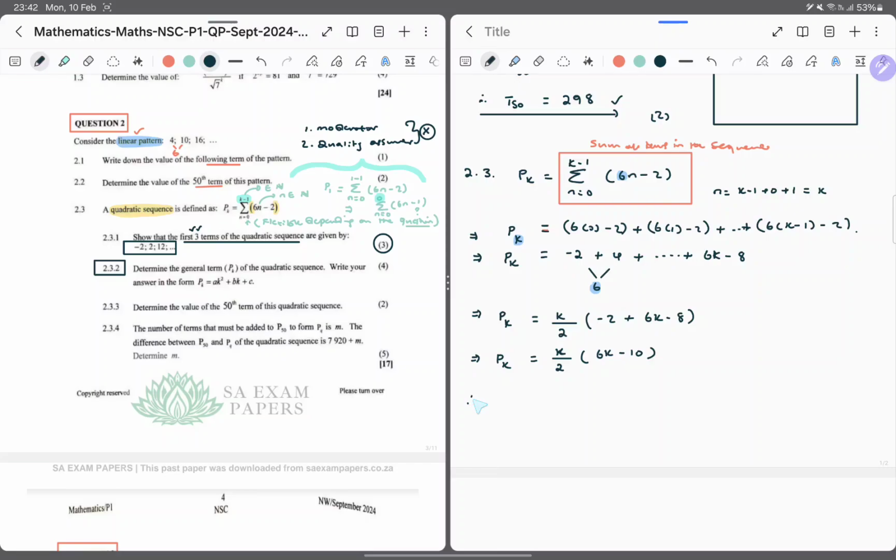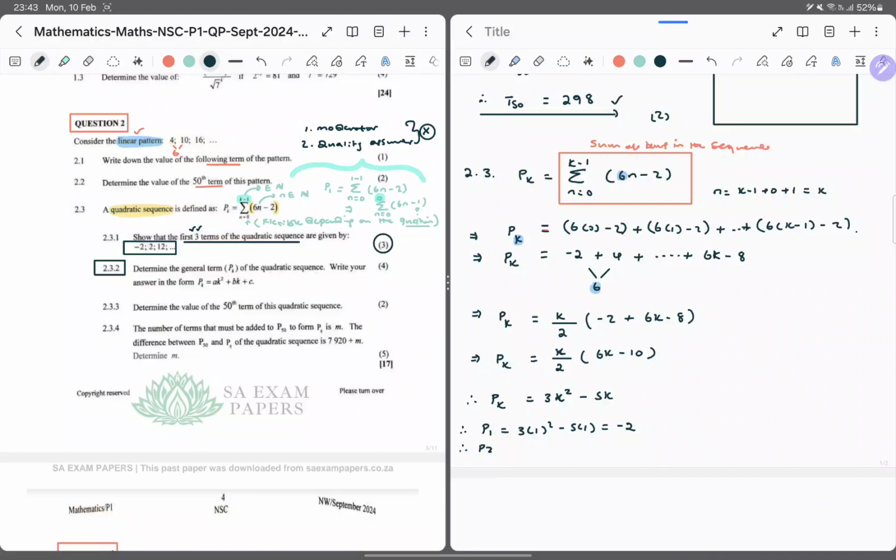Now when we distribute, we can see that P sub k is basically 6 divided by 2 is 3k squared minus 10 divided by 2 is 5k. Now that we have this, we know that P1 is going to be 3 into 1 squared minus 5 into 1, which is 3 minus 5, which is minus 2.